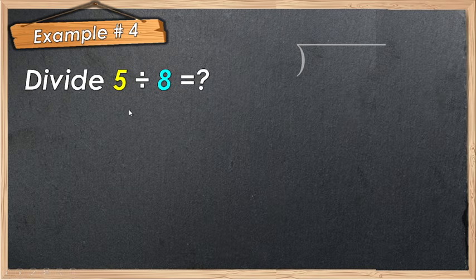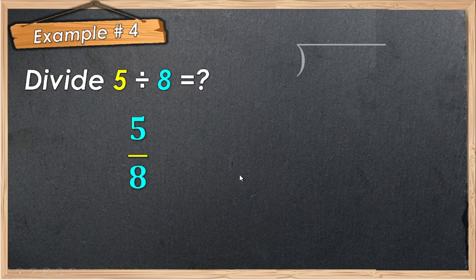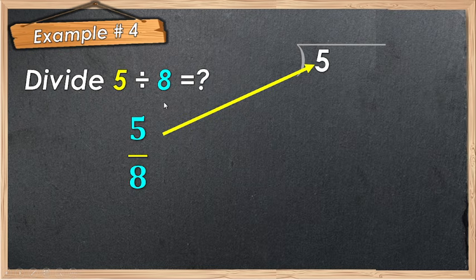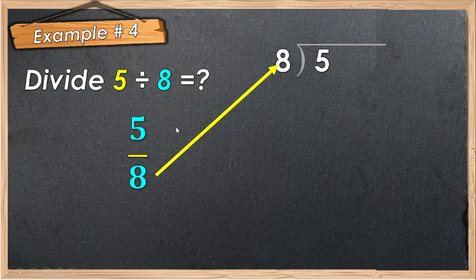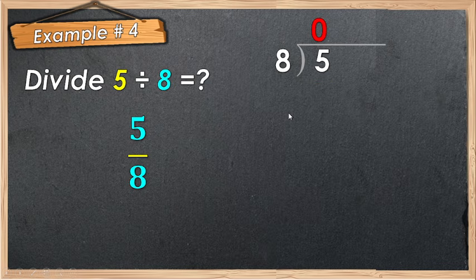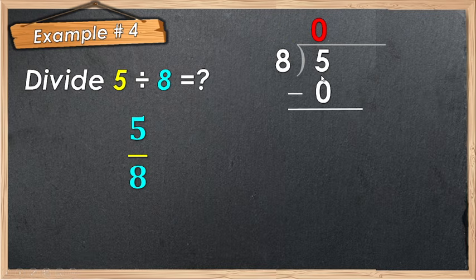Example number 4, we have 5 divided by 8. 5 is inside the long division bar and 8 is outside. Then perform 5 divided by 8: 0, it cannot be. So 0 times 8 is 0. Subtract: 5 minus 0 is 5.